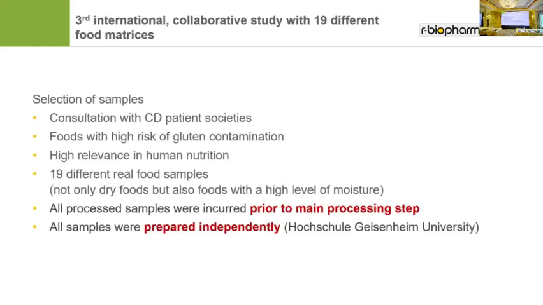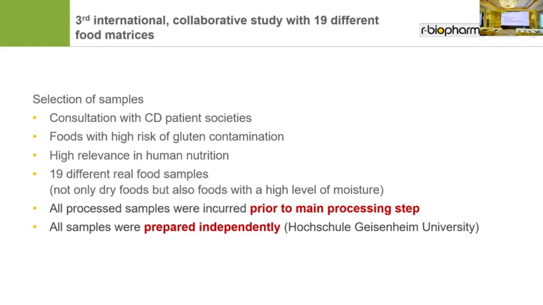Before we started the study, we consulted CD patient societies to ask them which foods are important to include in the study, which foods have a high risk of gluten contamination and are relevant for human nutrition. We chose 19 different real food samples, not only dry foods, but also foods with a high level of moisture. And this is a challenge for such a study, because we have to send these samples all around the world.